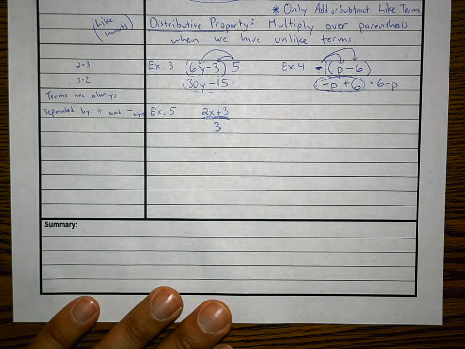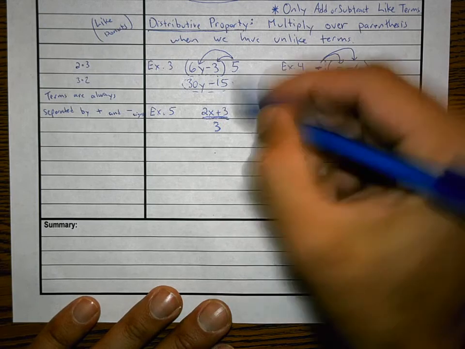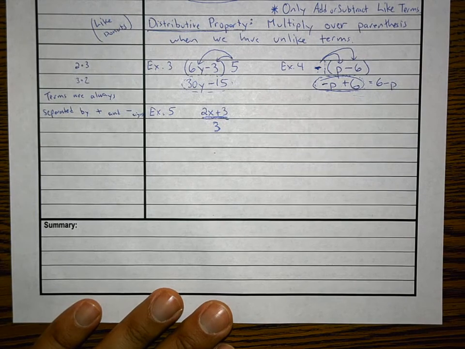I know this looks weird, but I want you to see one extra step. This may not look like the distributive property, but it is. If your junior high teacher never taught you this, I want you to know.